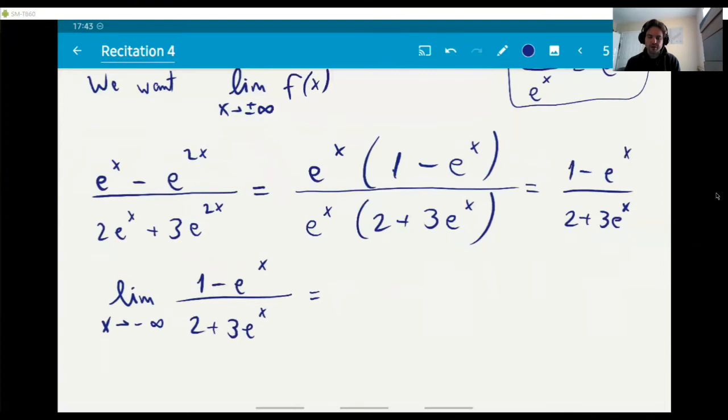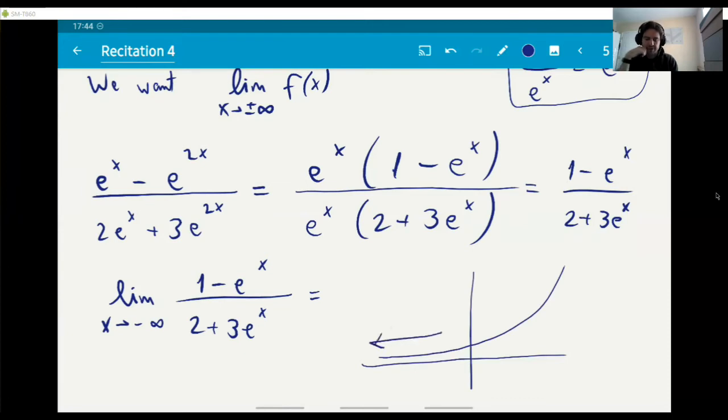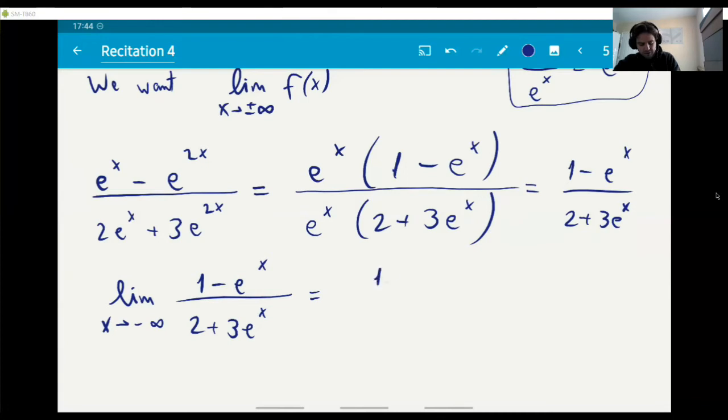This is one of the limits that I mentioned in the last slide of my lecture, the end behavior of exponential functions. Just remember the graph of e to the x. It looks like this. As x goes to minus infinity, e to the x goes to 0. So this limit can be computed as 1/2. So we found the limit as x goes to minus infinity.